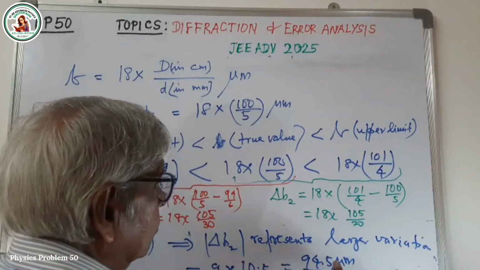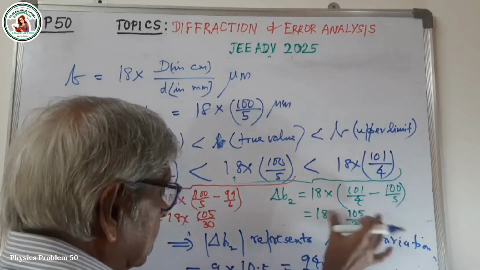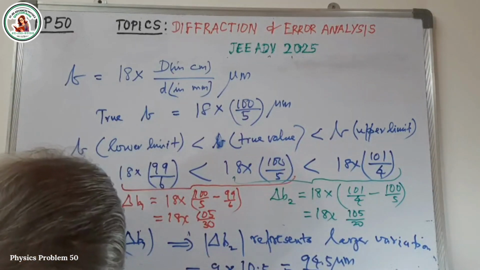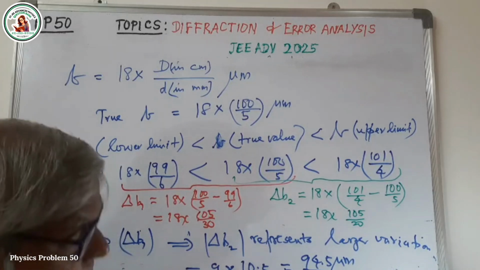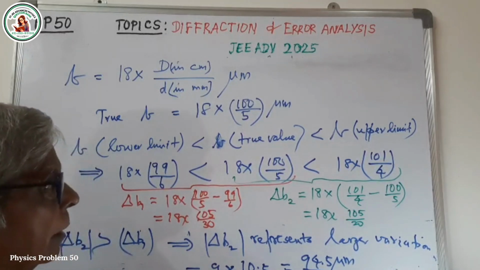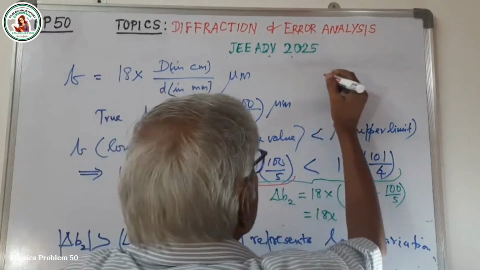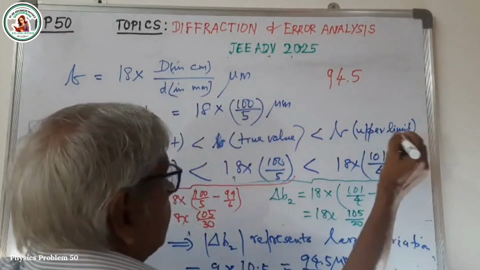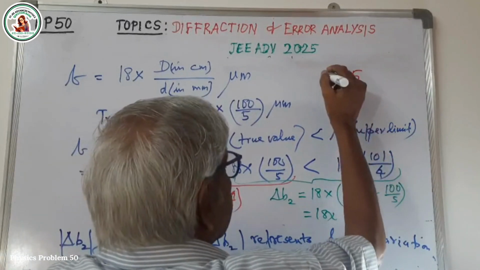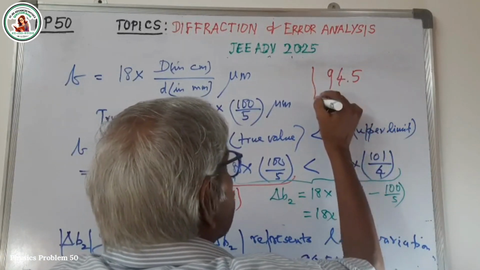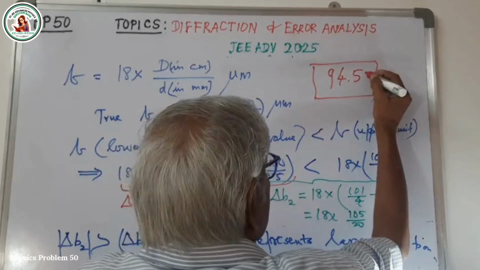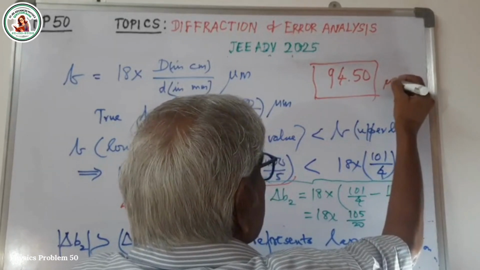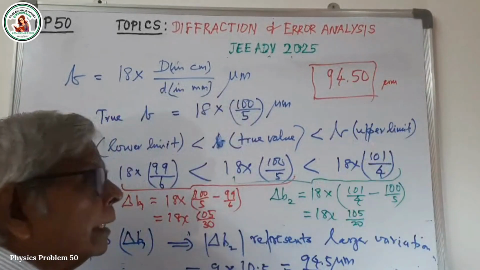So that is the larger possible error in this experimental setup. So we can give the final numerical answer as 94.5, which is already in micrometers. You can express the numerical answer correct to 2 decimal places. The unit is micrometer, but you only need to give the numerical answer.